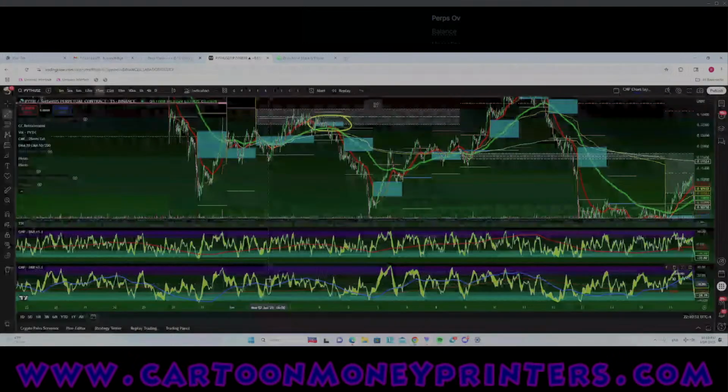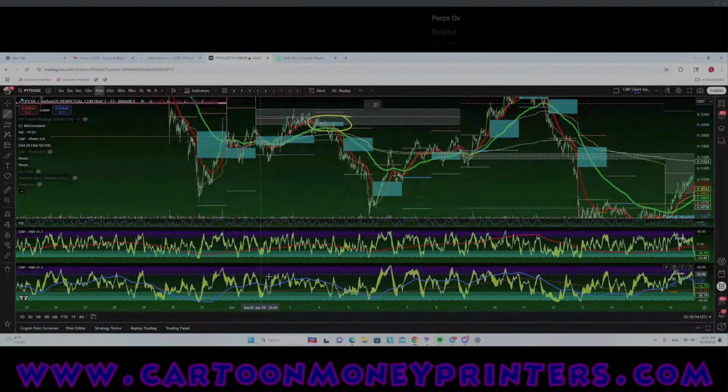So here we go. Boom. Bear div. Although the 90 wasn't really turned there, so I'd have to go to this one. Right? And that's going to put your entry, looks like right about here at the weekly pivot.